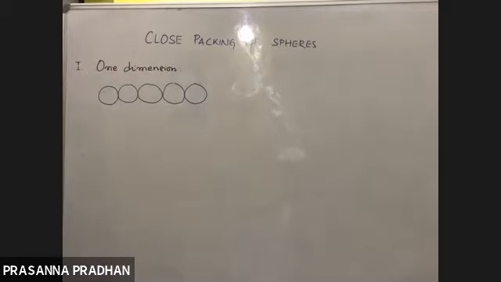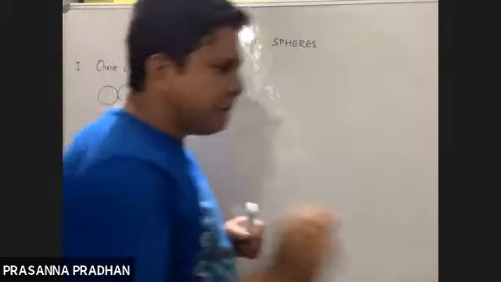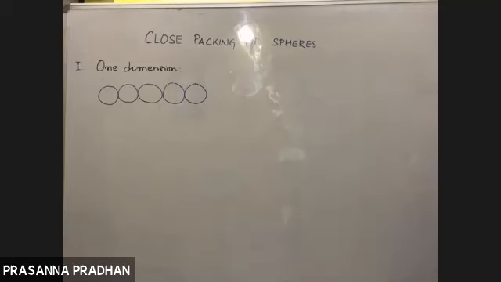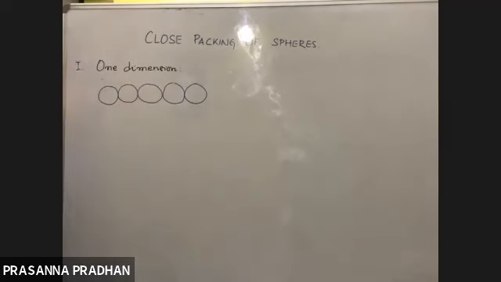So there is only one way, and we see that each sphere is in contact with how many other spheres, guys? Each sphere is in contact with maximum how many other spheres? 2. This sphere is in contact with this and this.